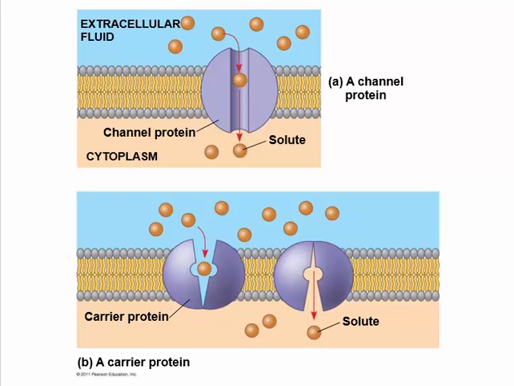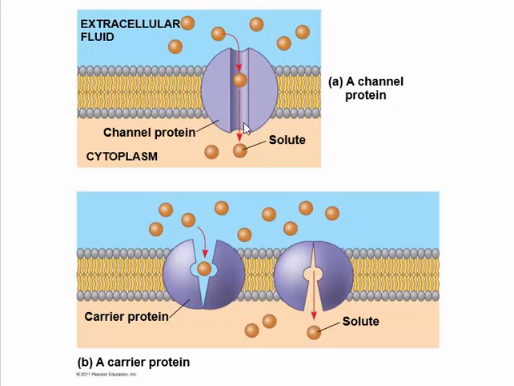So let's move some things in and out of cells that are bigger than, say, water, which travels through those aquaporins, or bigger than gases that can actually just cross the membrane. Most things are coming in and out through channels or carrier proteins like we see here. So a channel is really pretty straightforward, right? It provides a space.